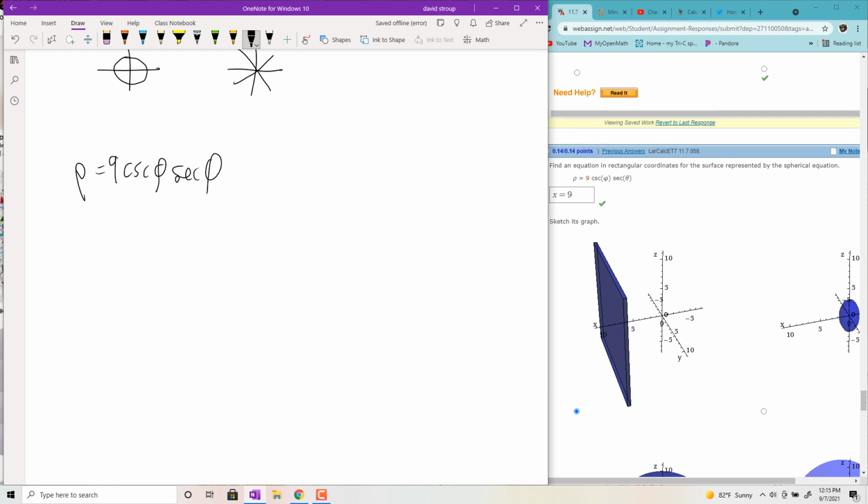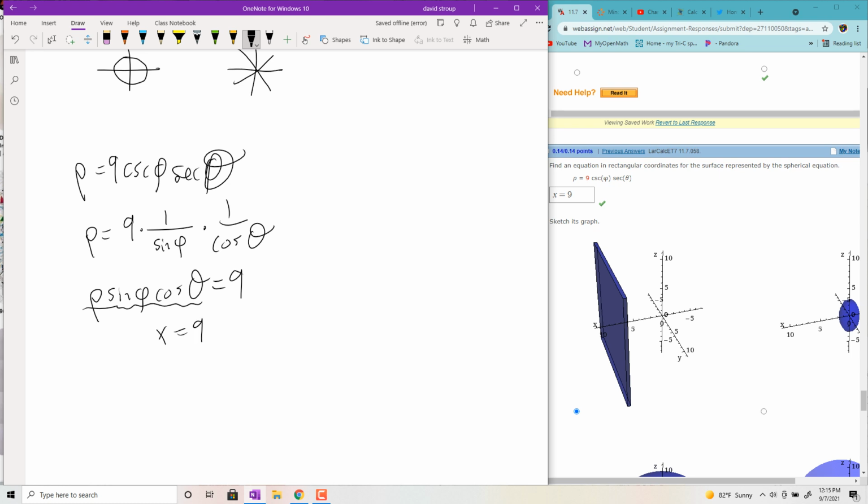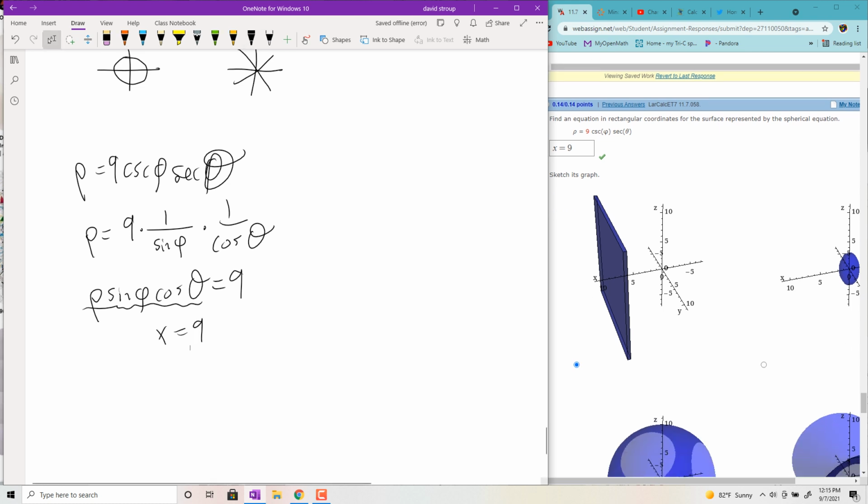So rho equals 9 times 1 all over sine phi times 1 over cosine theta. It's actually theta, sorry about that. But if you multiply it back over, sine phi cosine theta is 9. This is the formula for x, so that's just x equals 9, which is a plane.